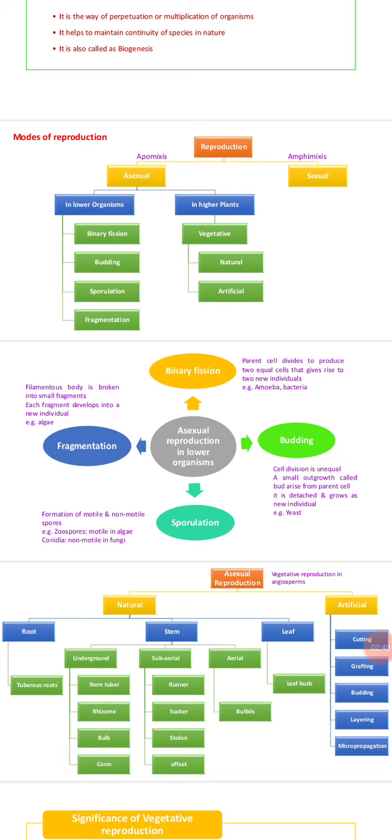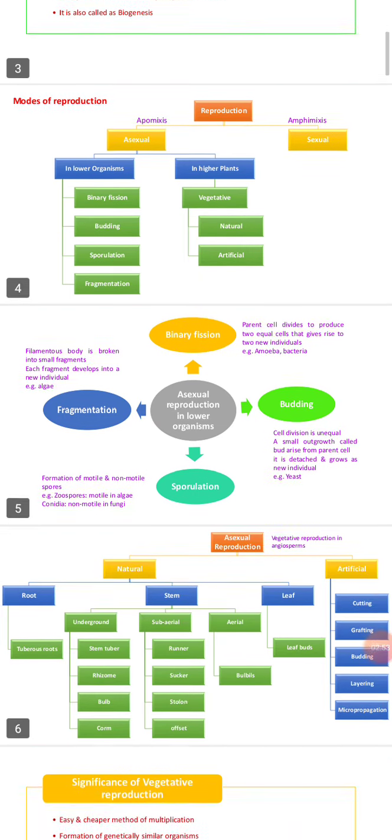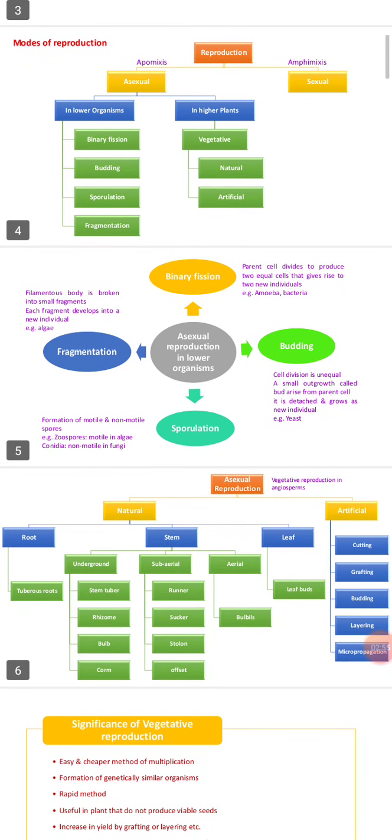Fission means body division. The unicellular amoeba cell gets divided to give rise to two equal-shaped cells. That is why we call it binary fission. So in most lower organisms like amoeba and bacteria, binary fission takes place.